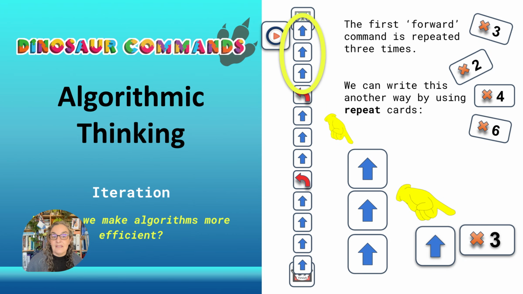Instead of having 3 forward arrows, it's shown as 1 arrow but times 3. This indicates that Explorer Ed will have to move forward 3 times, which is exactly the same, but it is taking 1 line of code rather than 3.